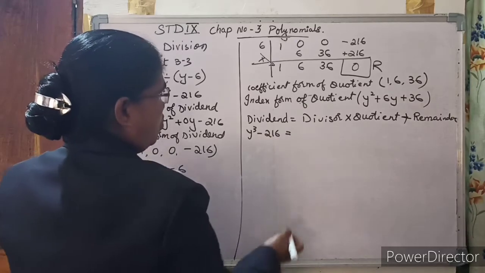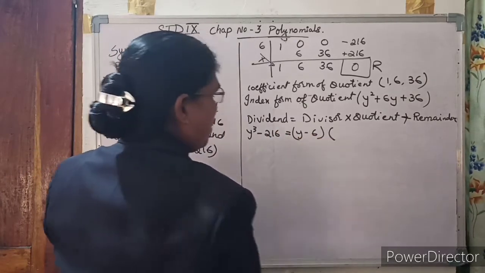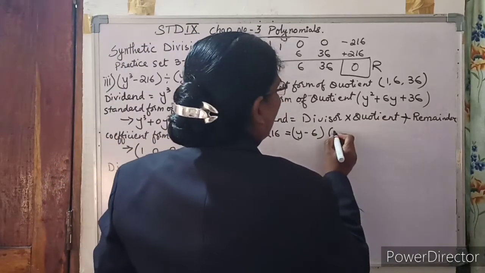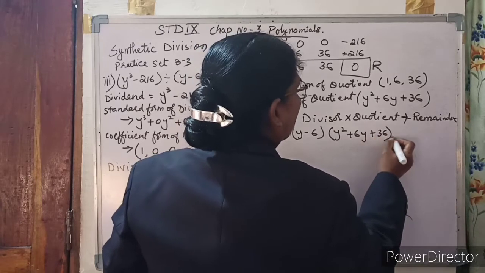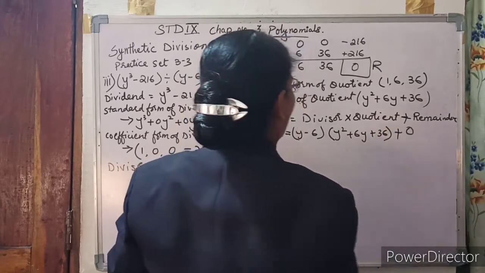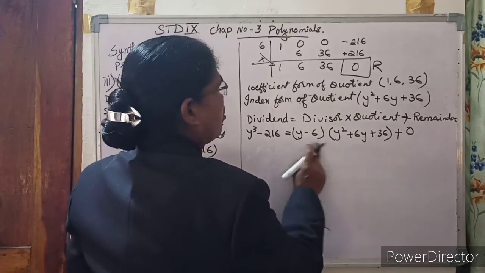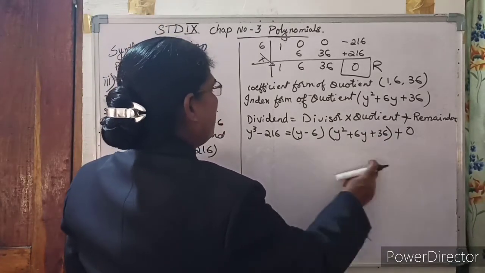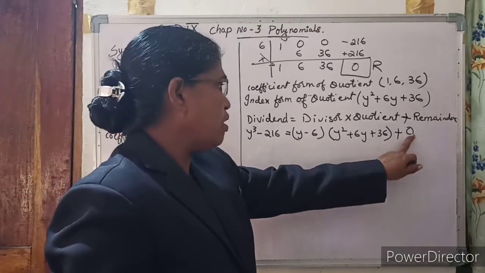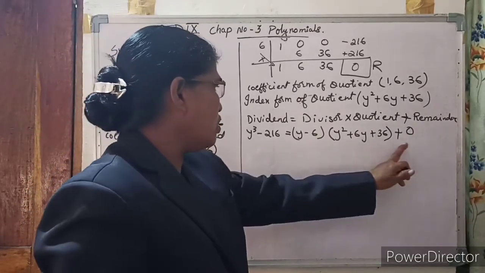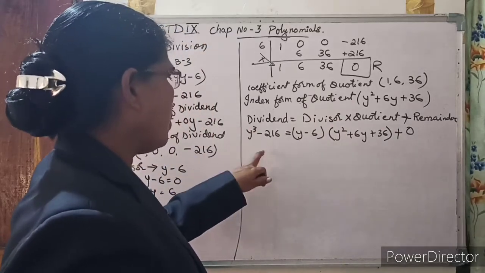This is equal to the divisor y minus 6 multiplied by the quotient y squared plus 6y plus 36, plus the remainder, which is 0. Now when we solve the right hand side, binomial into trinomial, we will get the same as the left hand side.